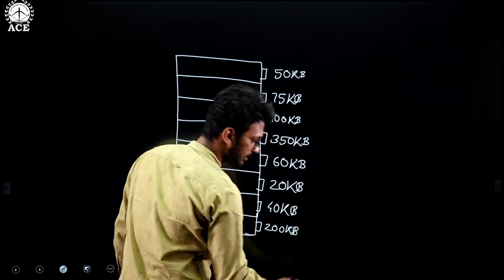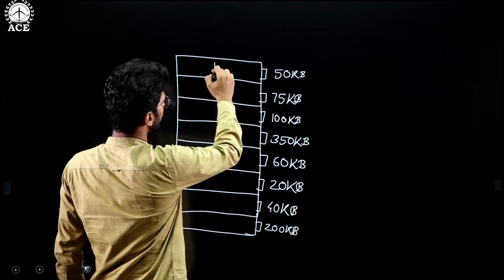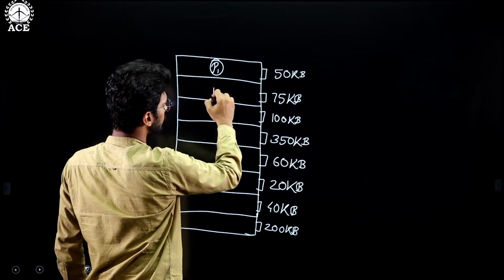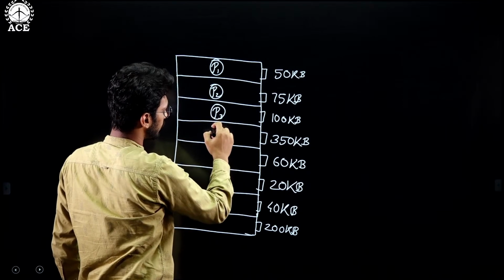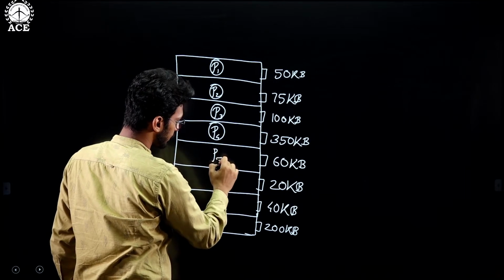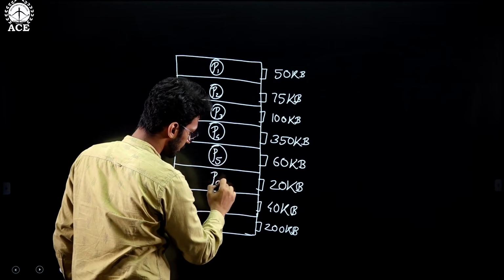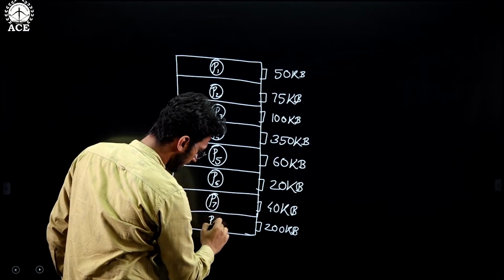Just randomly I have taken some values. Processes are residing in it. Let's say process P1 is here, process P2 is here, process P3 is here, P4 is present here, P5, P6, P7 and P8 are present here.